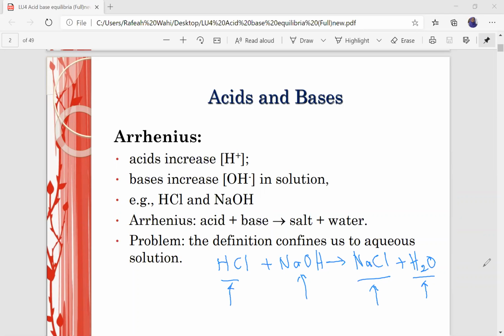Okay, so you have the acid and base in the form of solution. So this is the definition that we use. Okay, let's take a look at another definition for acid and base.